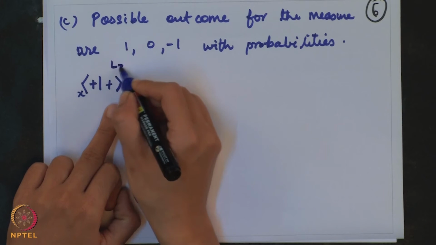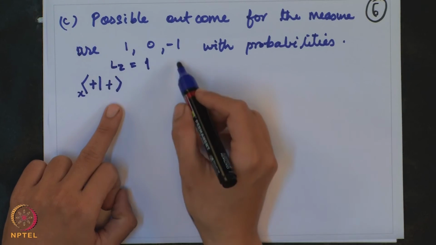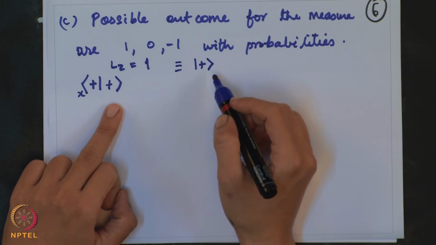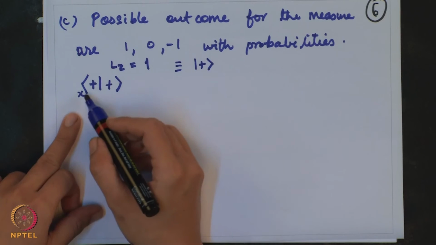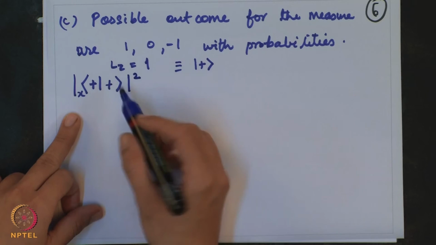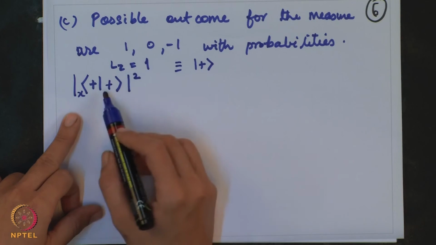Lz is in state 1, which corresponds to eigenket plus, so we have to find the probability of measurement.